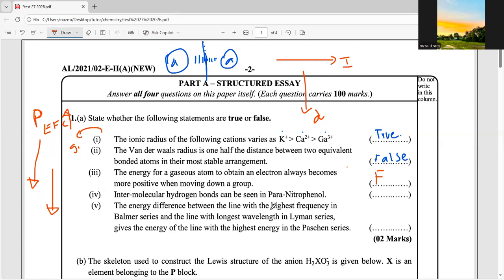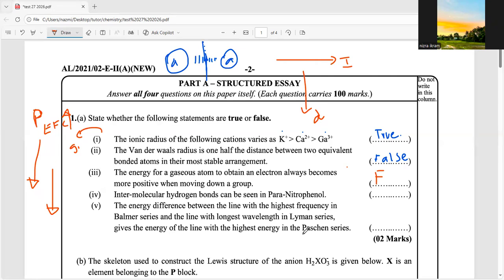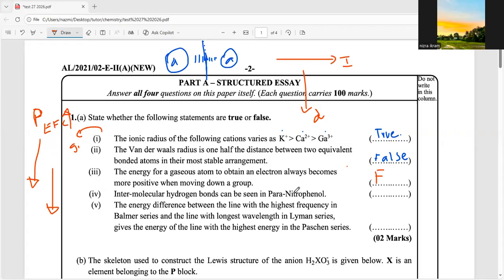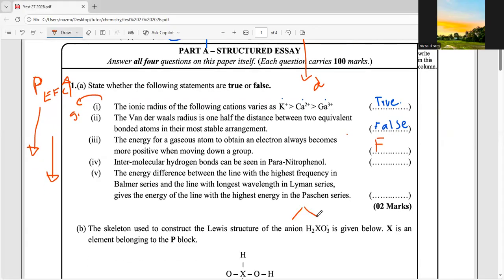Intermolecular hydrogen bonding can be seen in para-nitrophenol. So here this is phenol, if you have studied organic, and the nitro group is there in the para position. What you can see here is not intermolecular hydrogen bonding.